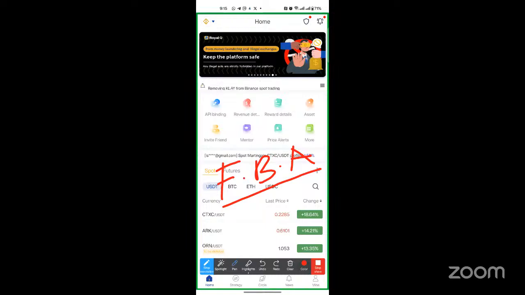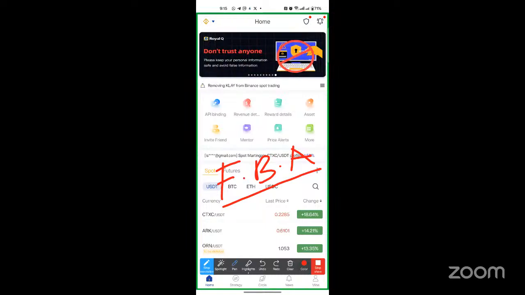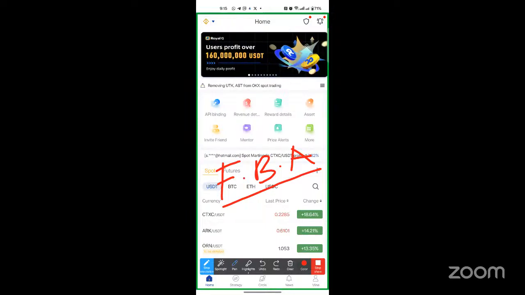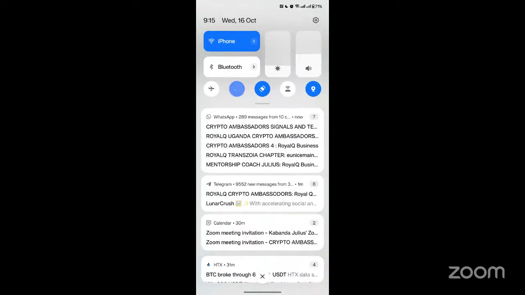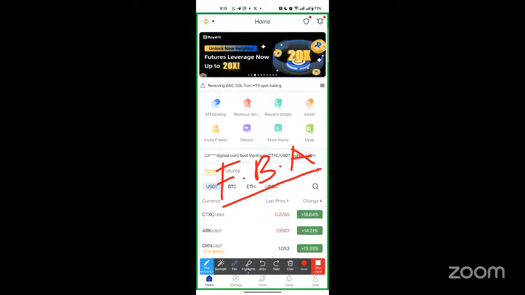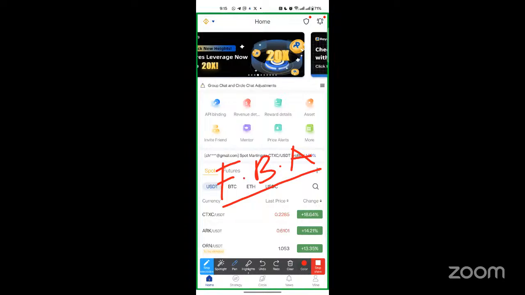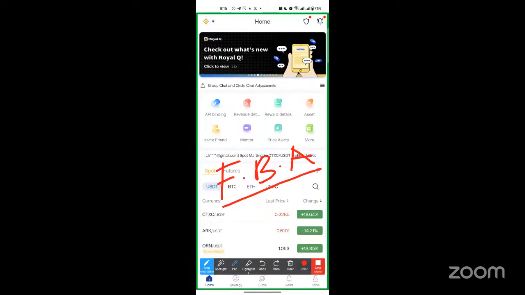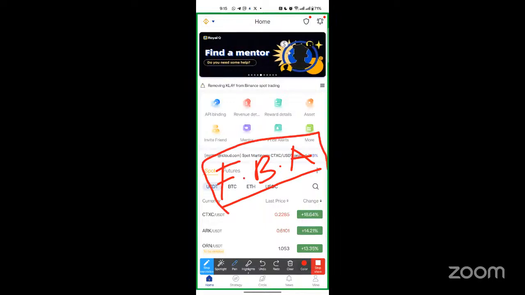So the goal of the day is to buy low and sell high, and to be able to enter coins at the right moment. That's why we are here. Your first entry into the coin should be done at the right time.